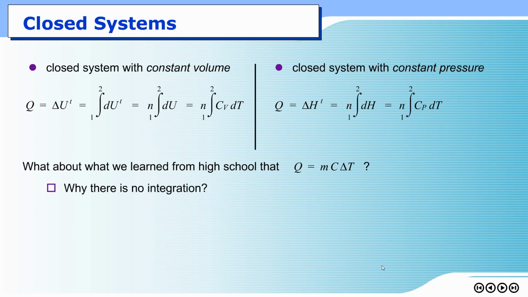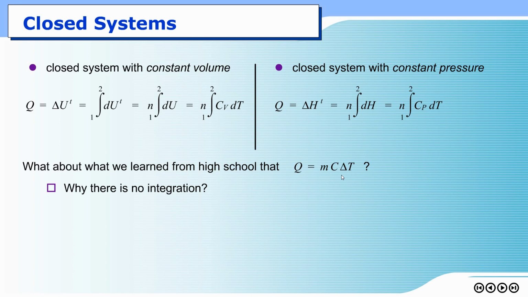First of all, why in high school is there no integration? If you look at these two equations, if the heat capacity, either Cv or Cp, is constant, or not a function of temperature, then you can take it out of the integration, and the remaining integral of dT gives delta T. Then you end up with this same equation here.